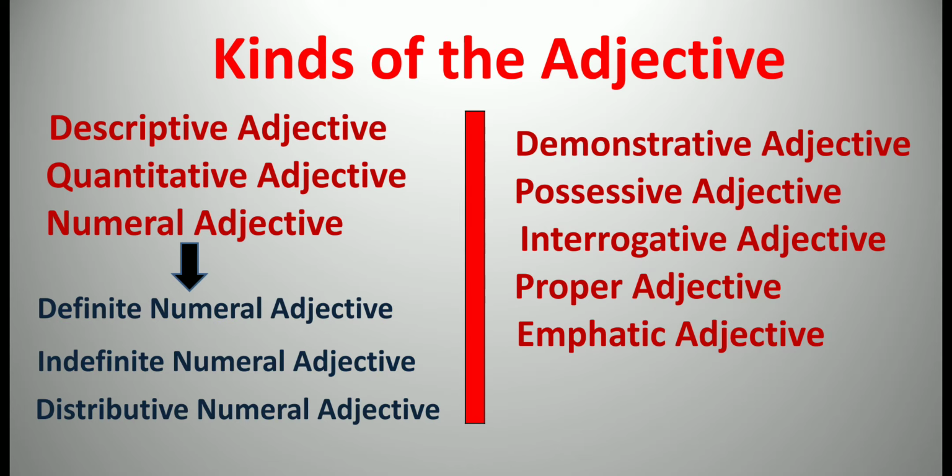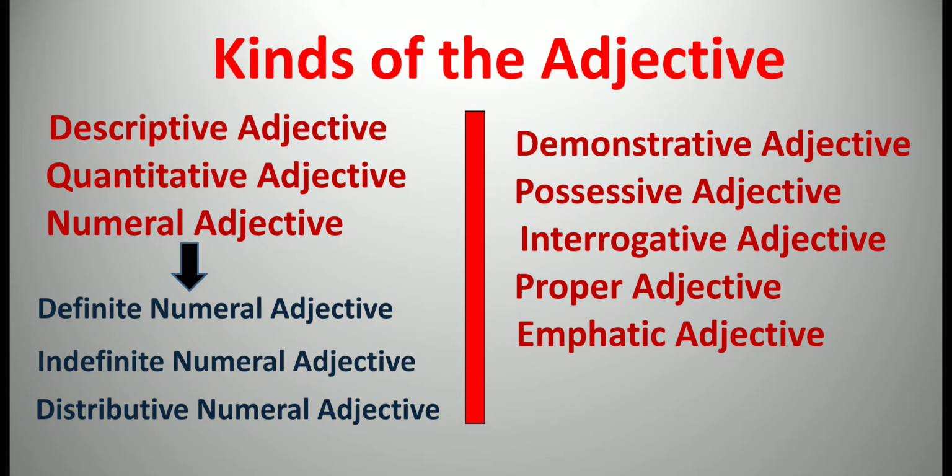Now, the kinds of the adjective. It has 8 kinds, and these are descriptive adjective, quantitative adjective, numeral adjective, demonstrative adjective, possessive adjective, interrogative adjective, proper adjective, and emphatic adjective.